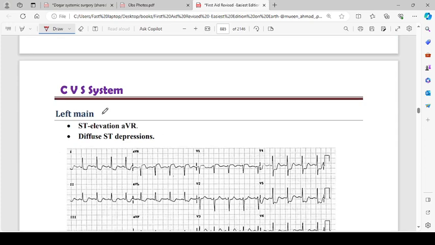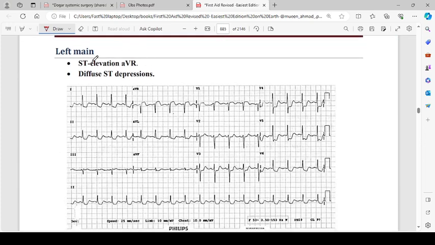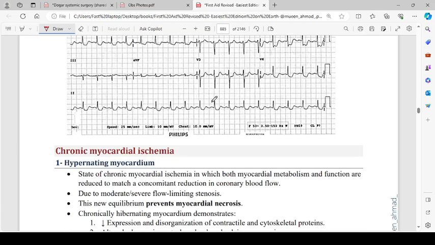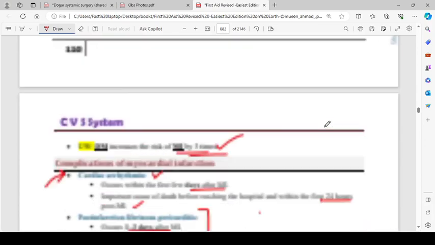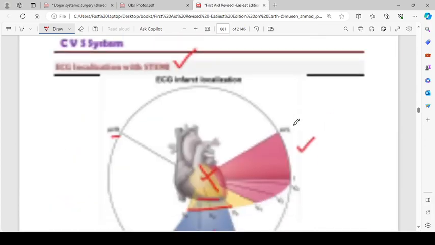Okay. Then we have left main, left MI. I think it was left MI that they were supposed to, right? So ST elevation in lead AVR, and there will be diffuse ST depressions. AVR. What does that even mean? This is lead AVR.